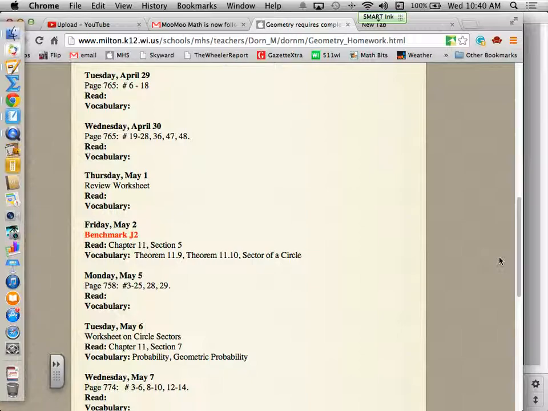Actually, make it 19 through 25. 26, 27, 28 require us to work with circles, which we haven't done yet. So 19 through 25.